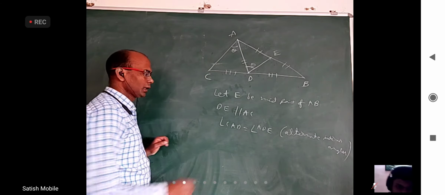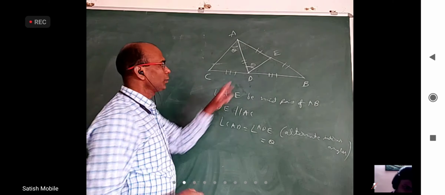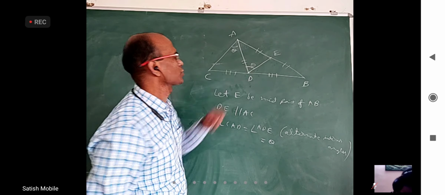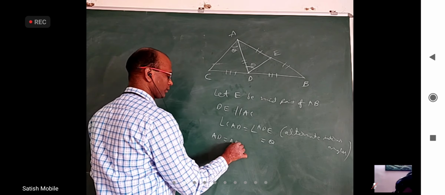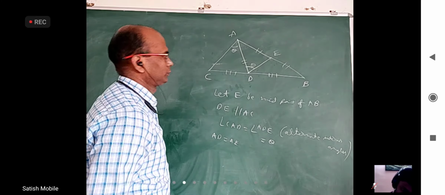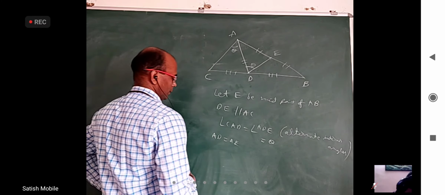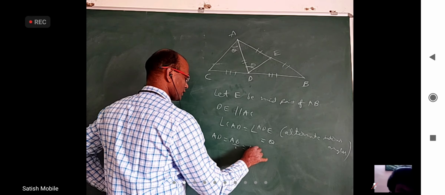Okay, and in fact, I'll take both of them equal to theta. But these two angles are also equal. Why? Because this is a simple isosceles triangle, because these two are equal. AD is equal to AE, because AD is actually AB by 2, and AB by 2 is exactly AE.